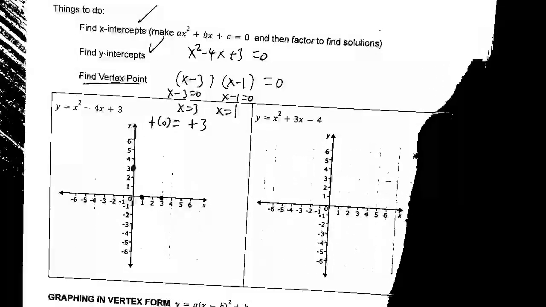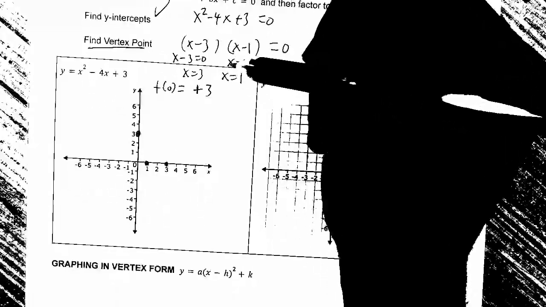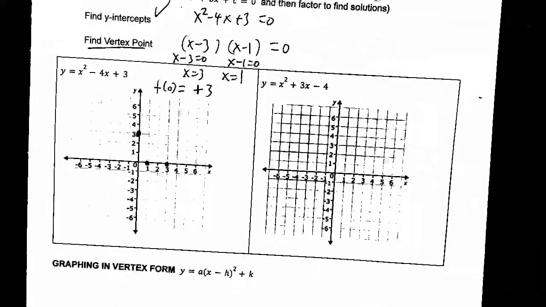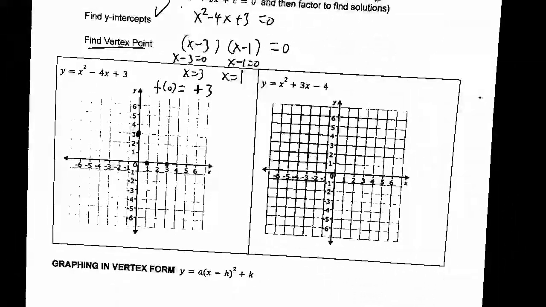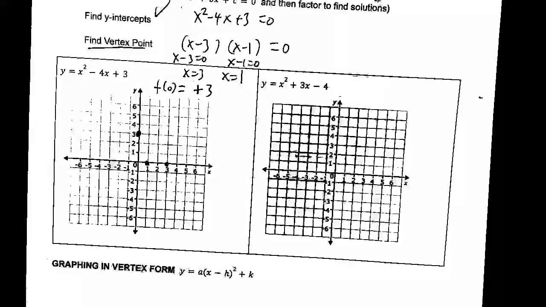How do you find the vertex, guys? Do you remember this? Negative b over 2a, right?